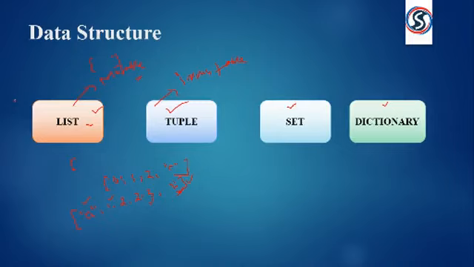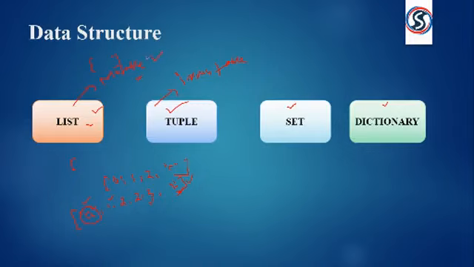What is the meaning of mutable? Suppose here we have a list, and we want to change an element of this list. You can easily change the element of the list. That is the meaning of mutable.